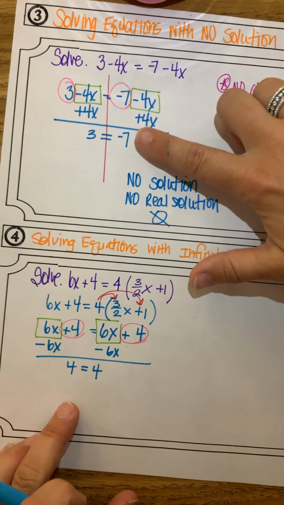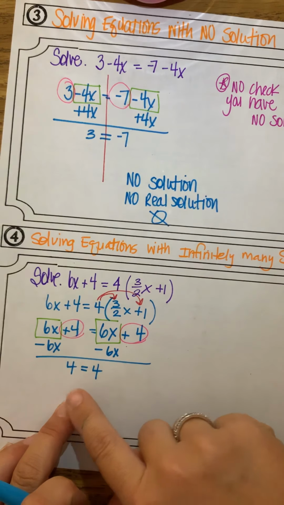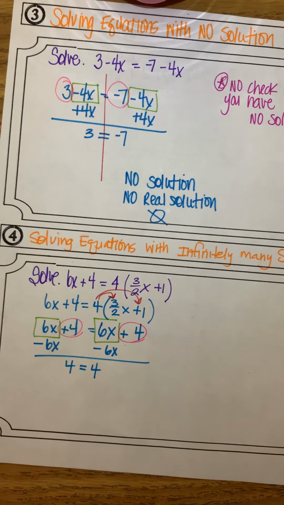So unlike this one, where that's never going to happen, now you have 4 equals 4. Well, doesn't that have the ability to always be true?